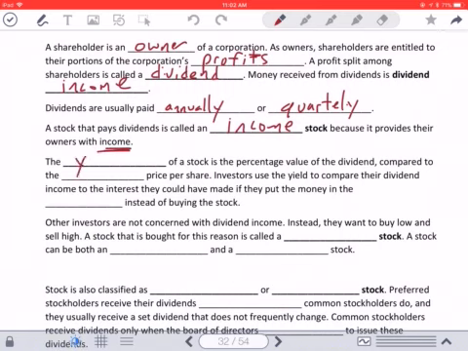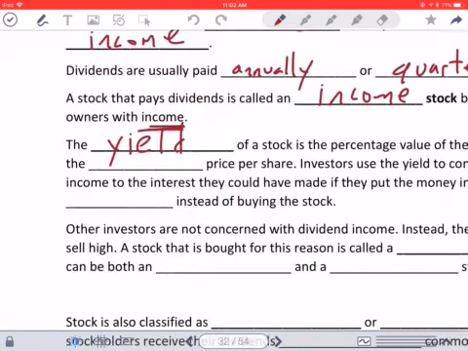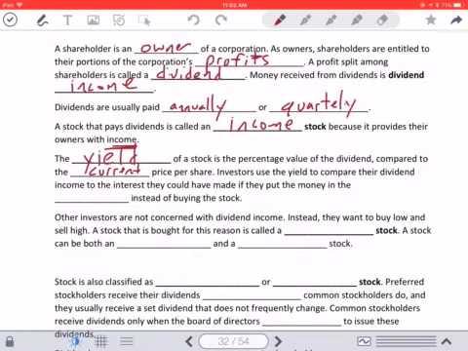The yield of a stock is the percentage of value of the dividend compared to the current price per share. Investors use the yield to compare their dividend income to the interest they could have made if they put their money in the bank.